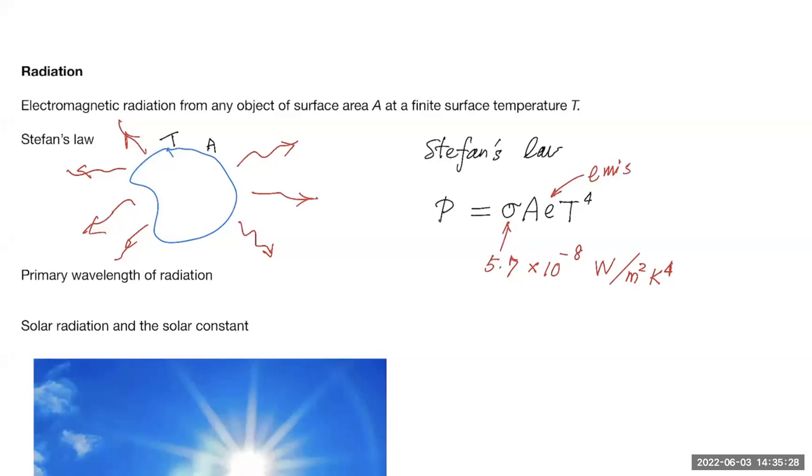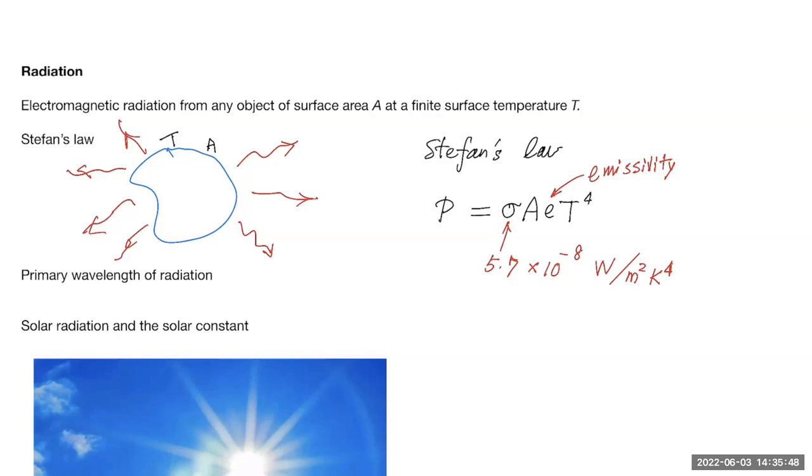What is e equal to? It's a number between 0 and 1. Zero means there is no power emitted whatsoever. 1 means this is what's called a black body.